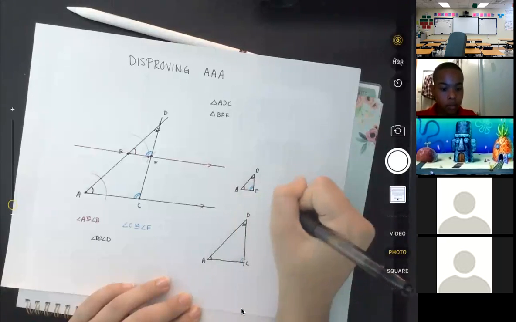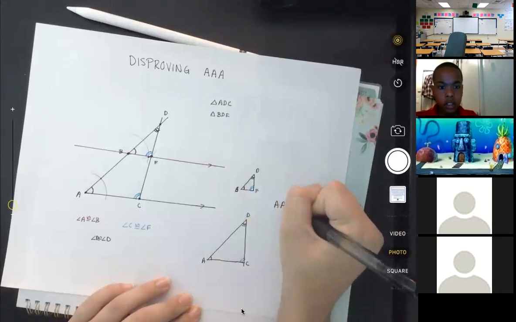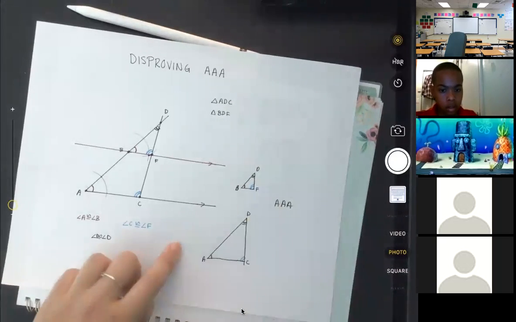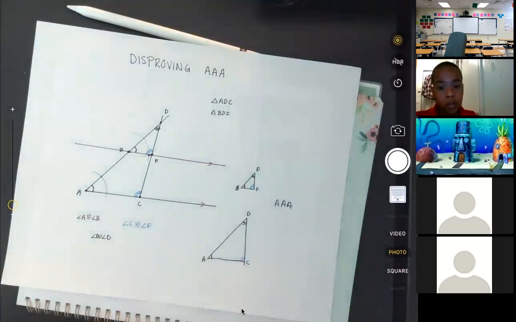But these two triangles are not congruent to each other. So for that reason, AAA does not work.